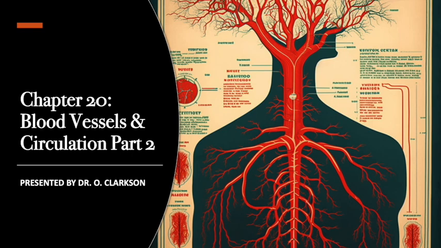What lowers your pH? Acid, yeah. When your pH is low, that means you're acidotic. So what causes acidosis when it comes to those? Carbon dioxide, yeah. So carbon dioxide accumulation is going to result in acidosis.